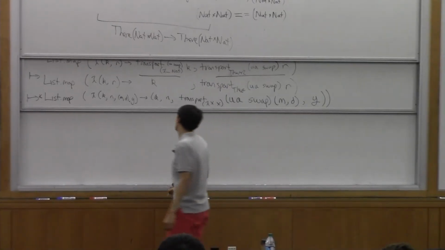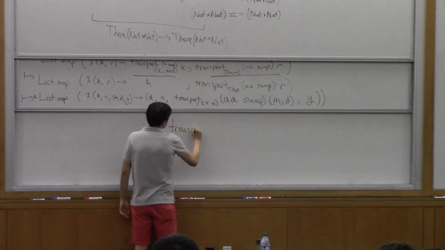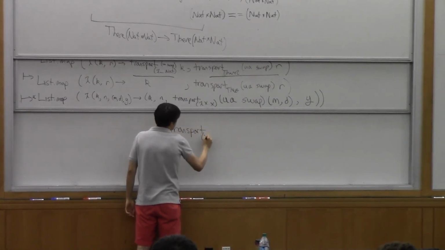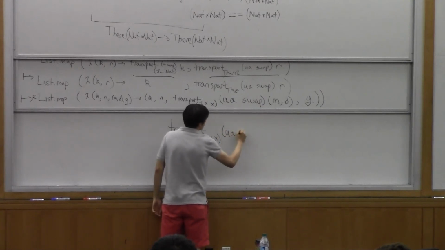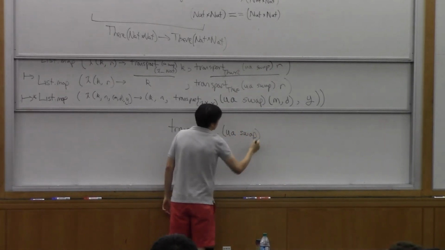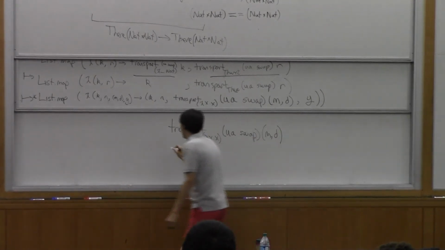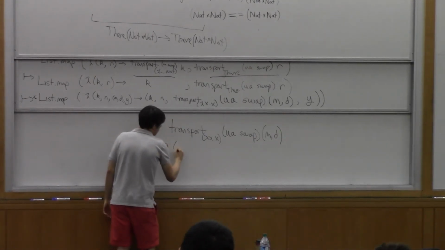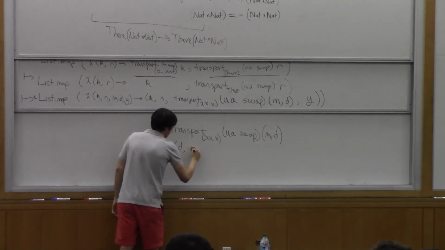So now the only thing left to do is to check that, I'll just write it again, transport lambda x dot x on UA of swap on month, day actually steps to day and month. Okay?